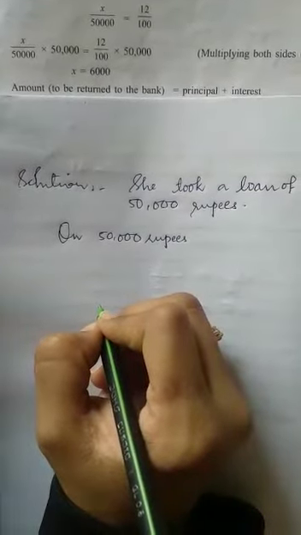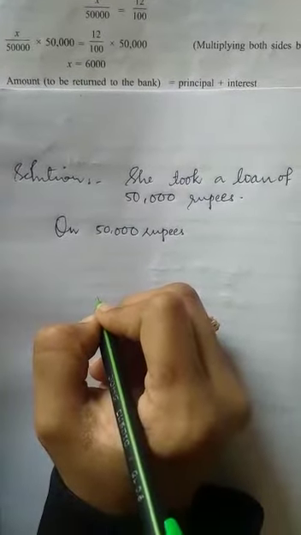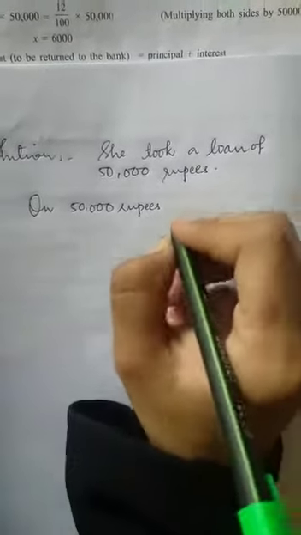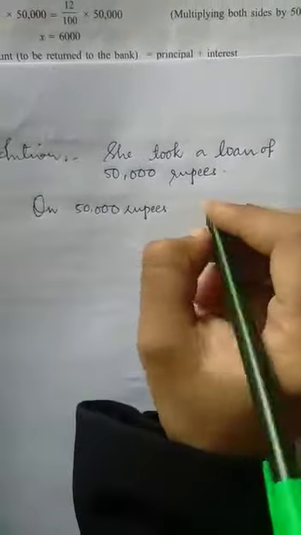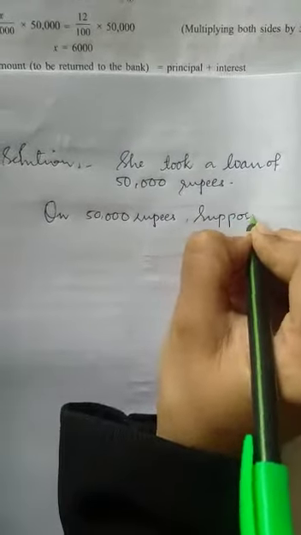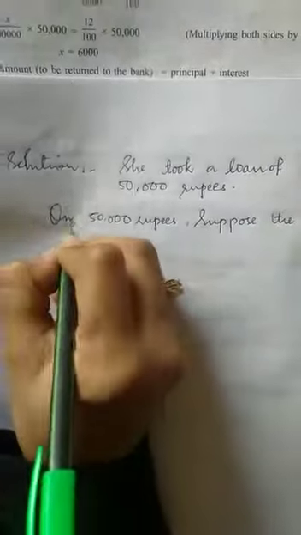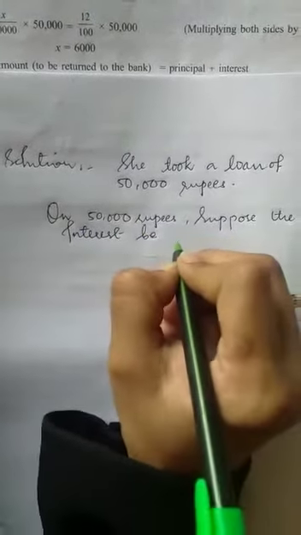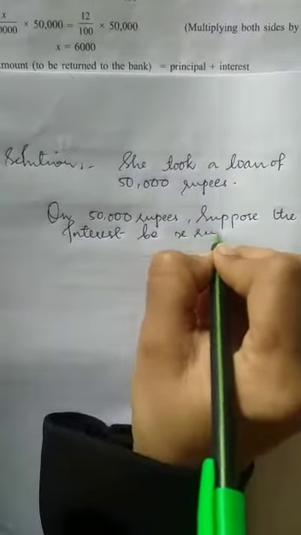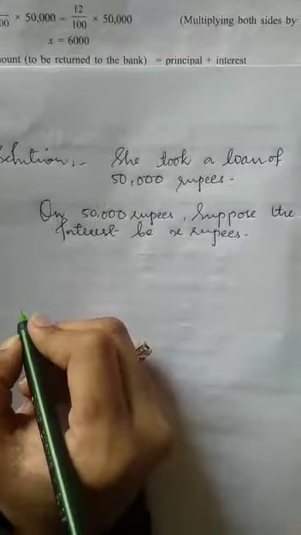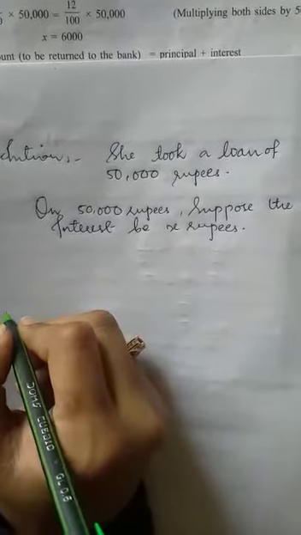We have to consider that as X, because we don't know how much interest she has to pay on this 50,000. So suppose the interest charges be X rupees. Okay, interest charges be X rupees, and she took that loan at 12 PCPA.